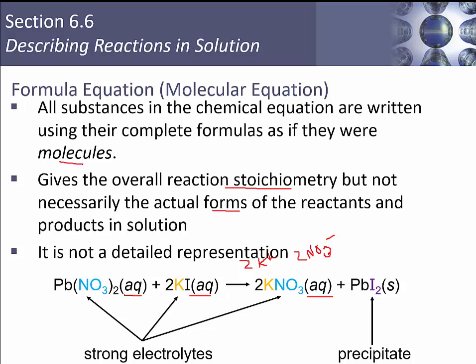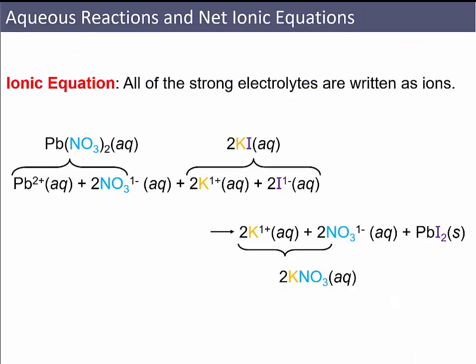We've got to go an extra thinking step to figure out what's happening with our ions. Our ionic equation explicitly writes that out. So all of our strong electrolytes are written out as ions. So rather than taking Pb(NO3)2 aqueous, we will write it as Pb2 plus and 2 NO3 minuses. And our 2 KI aqueous become 2 K pluses and 2 I minuses.